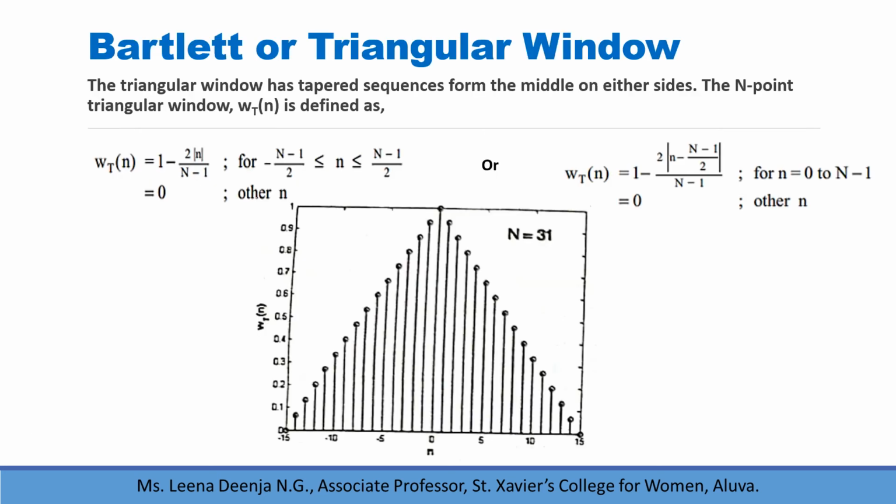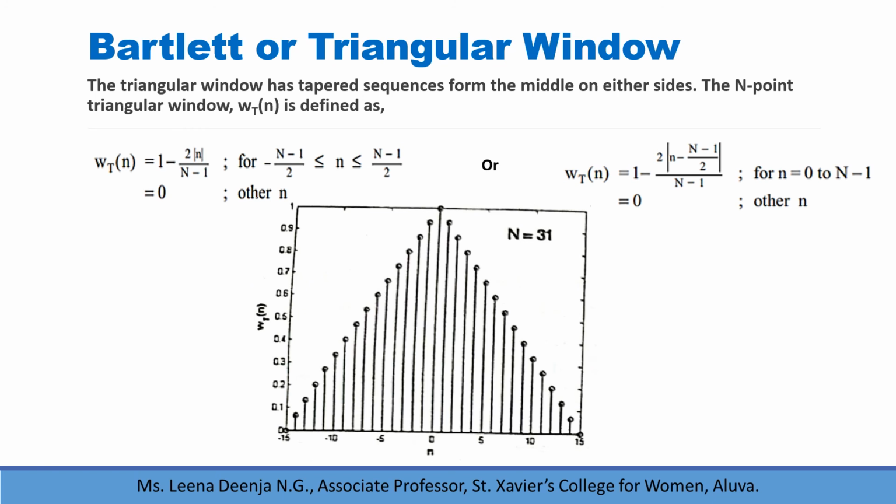Next we consider the Bartlett or triangular window. The triangular window has a tapered sequence from the middle on either side. The end-point triangular window Wt of n is defined as Wt of n equal to 1 minus 2 modulus n divided by N minus 1, for minus (N minus 1) by 2 less than or equal to n less than or equal to plus (N minus 1) by 2, and it is equal to 0 for other values of n.